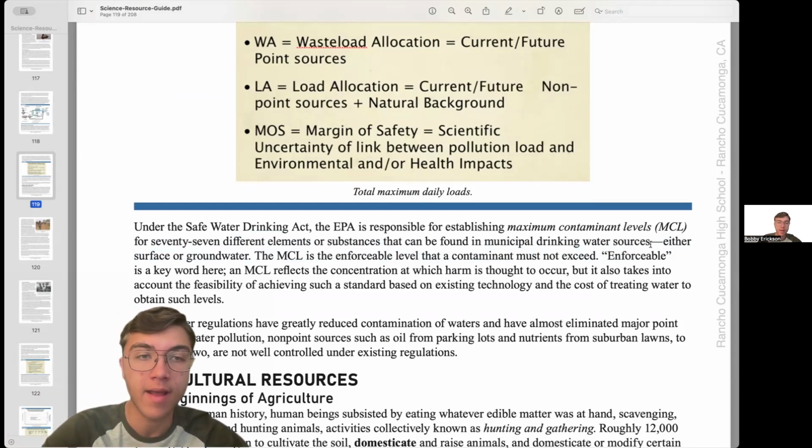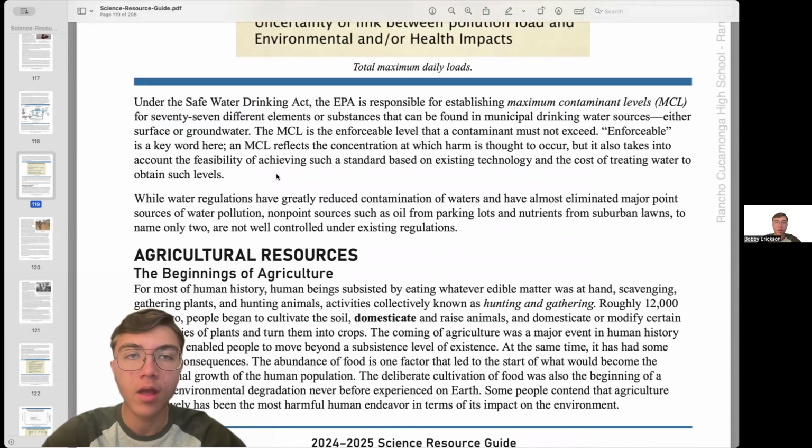Now, the word enforceable is very important because the EPA cannot enforce all contaminants to be removed, because there's bound to be some pollutants at least. And so the MCL reflects the concentration at which harm is thought to occur and the feasibility.